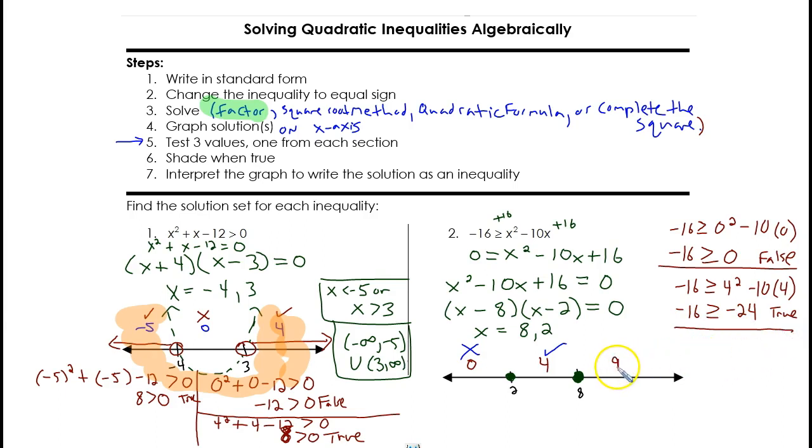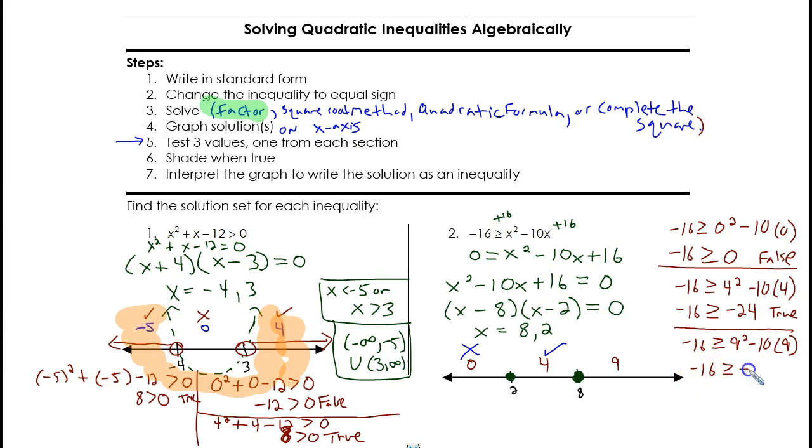When we test the number on the right, negative 16 greater than or equal to 9 squared minus 10 times 9. Is this a true statement? Well, 9 squared is 81, and 10 times 9 is 90, so 81 minus 90 is negative 9.